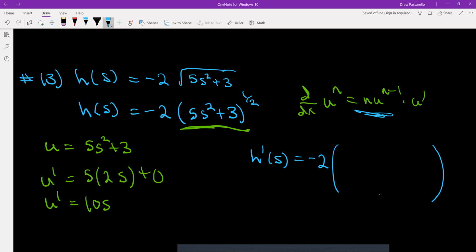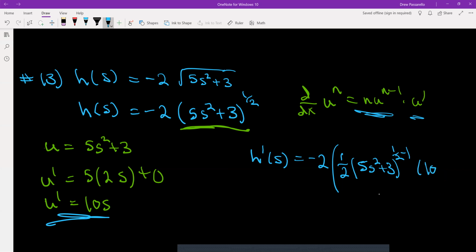I drop down the 1/2, so it'd be 1/2 times the quantity 5s squared plus 3 raised to the 1/2 minus 1. And then times the inside part u prime, and that u prime is 10s, so it'd be times 10s.